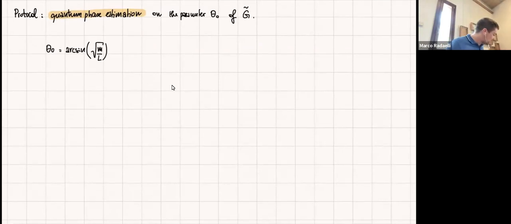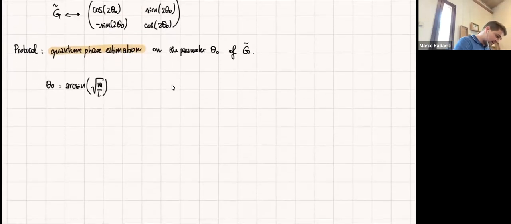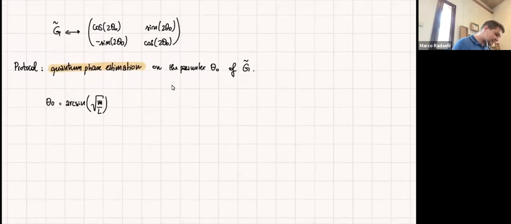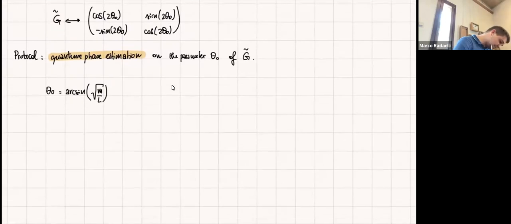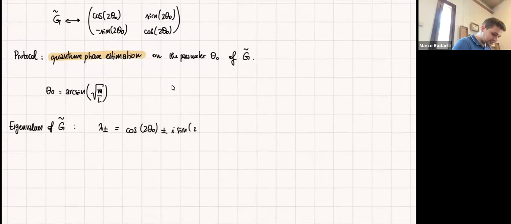It does actually exist. You can look it up. So let's first identify the eigenvalues of G tilde. The eigenvalues of G tilde have the form lambda plus minus, which is the cosine of 2 theta naught plus or minus i sine of 2 theta naught.